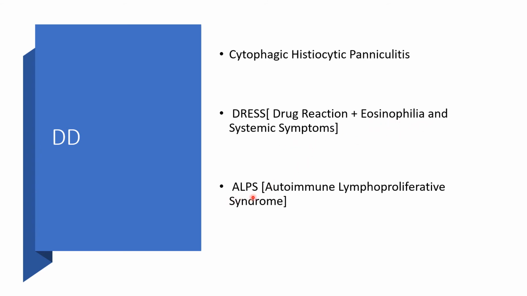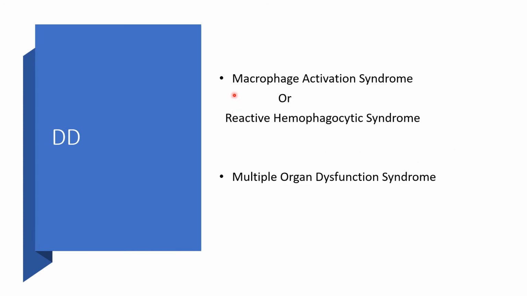Might be ALPS, that is autoimmune lymphoproliferative syndrome. The differential diagnosis might be macrophage activation syndrome or reactive hemophagocytic syndrome or multiple organ dysfunction syndrome.